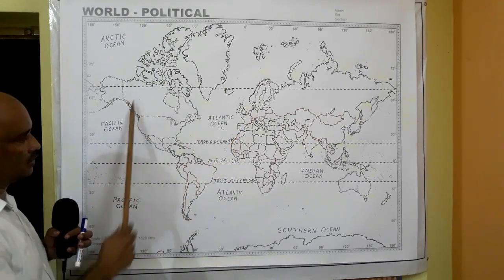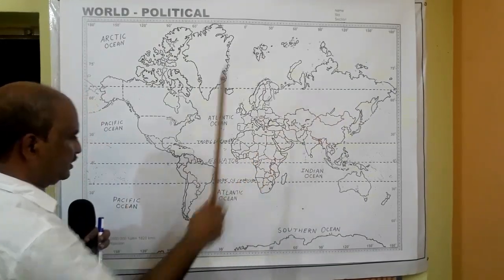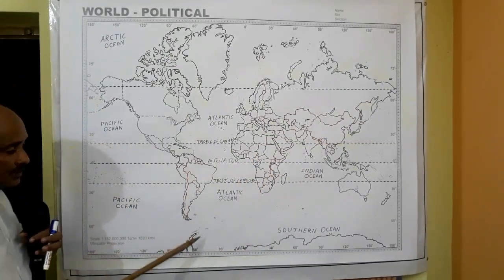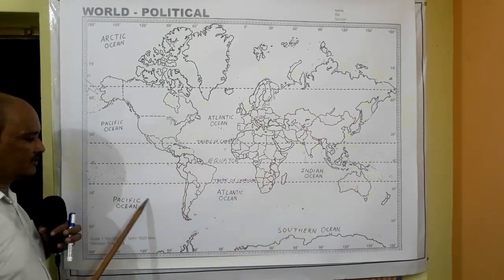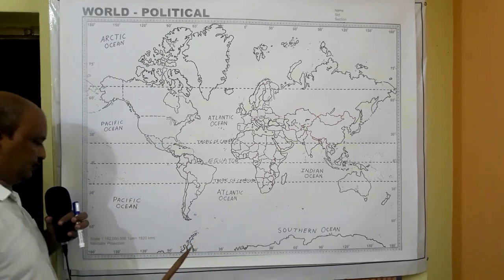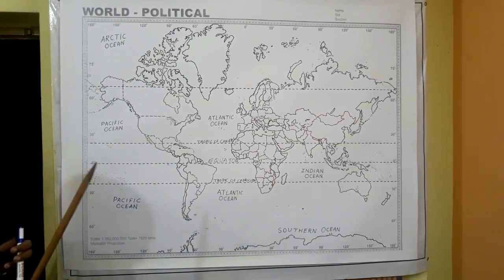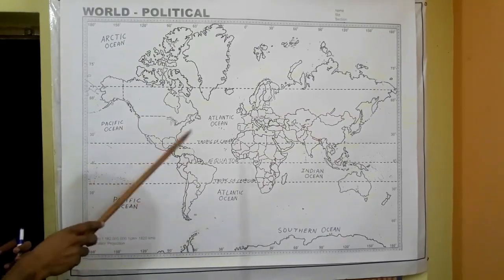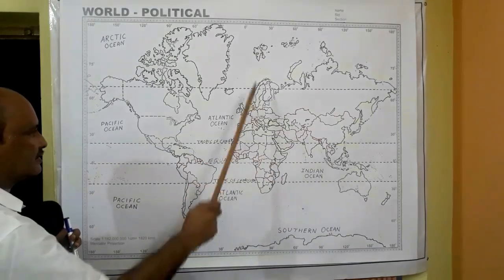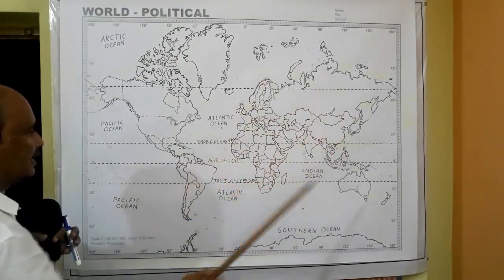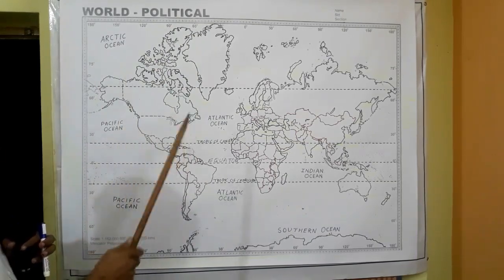You see, this total land mass is above the equator. Whereas coming to the southern hemisphere, the land portion is smaller, whereas the water body is huge. This also is a good observation. In the same way, when we go by eastern and western, the eastern side has a little bit more land mass, whereas the western side has a little bit less.